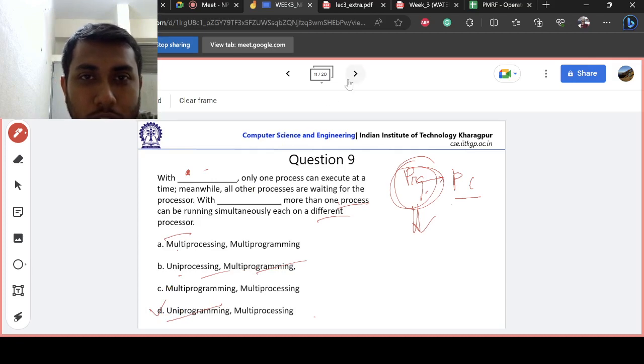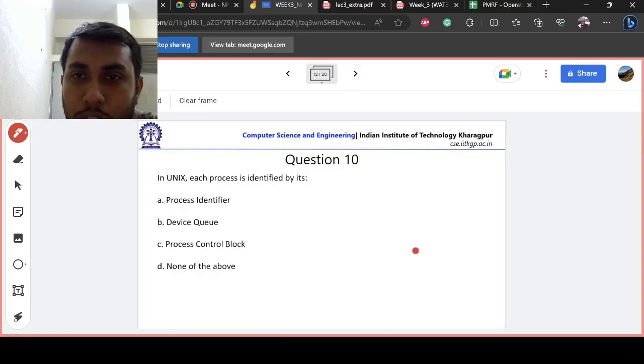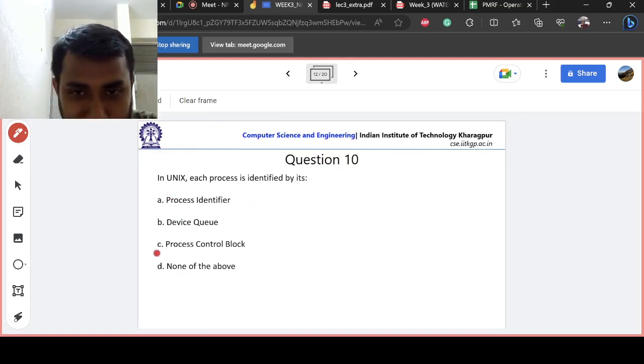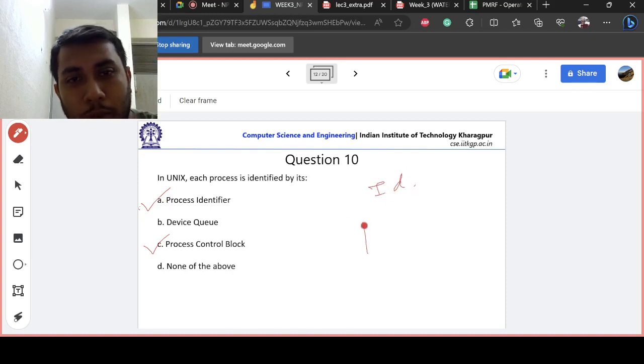So let's come to the next one. Each process is identified. Each process has its own process control block as well as process identifier. Both of them are correct. So each process has its own ID and it has to have a PCB that is stored in your process table.